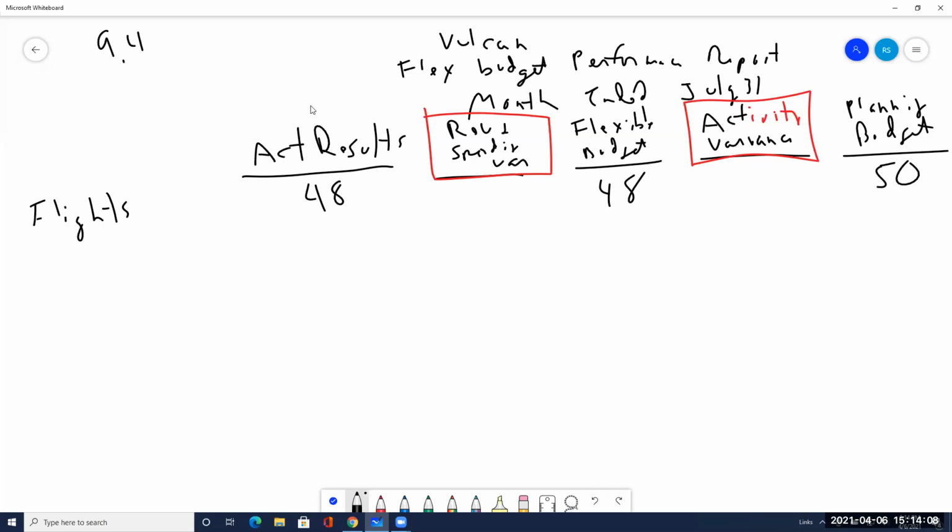The formula that 320 times Q is only going to be used on the flexible budget and the planning budget. Okay, it's not going to be used on actual results. So I'm just going to go, this is going to be revenue. I'm going to just start by copying the numbers down and then we'll take a look. 13,650. Flexible budget is 15,360.